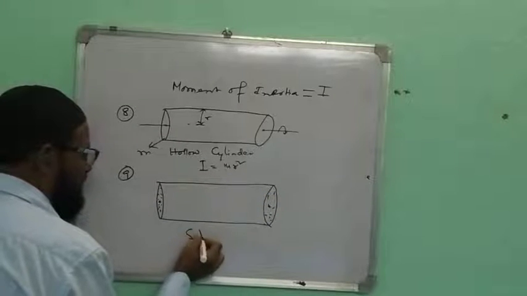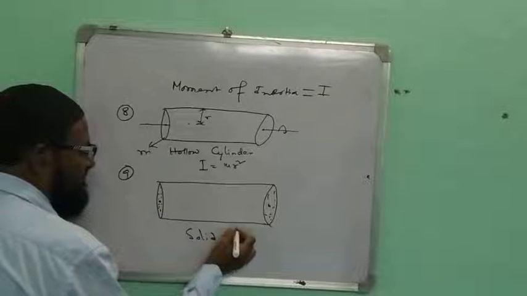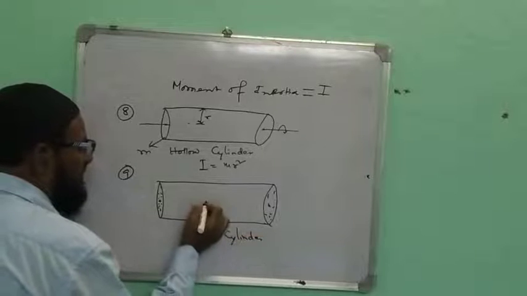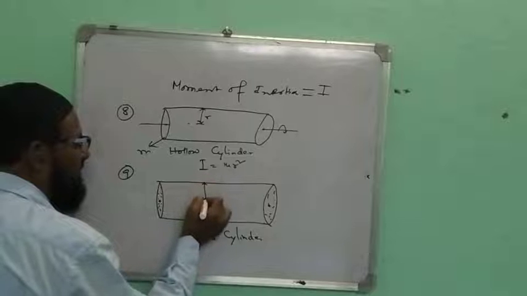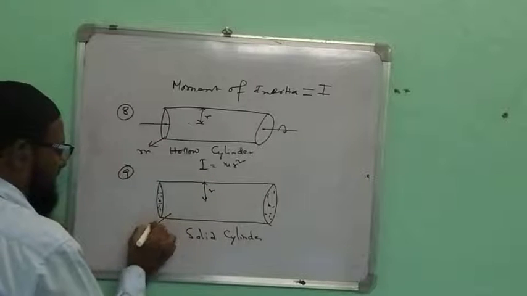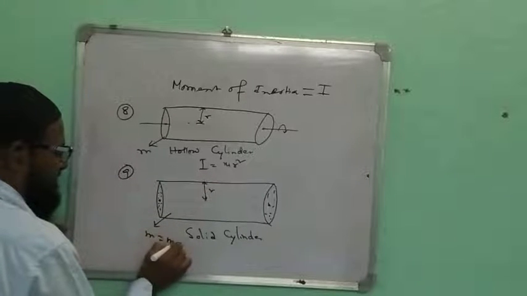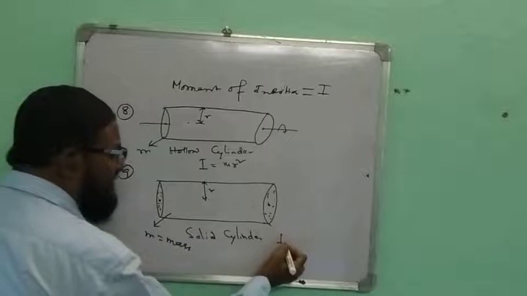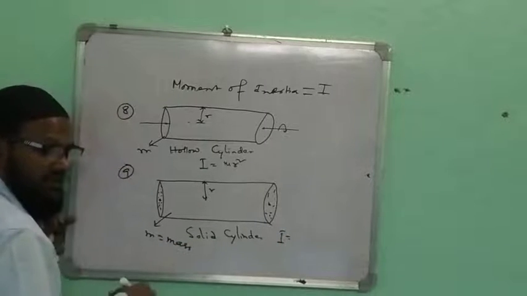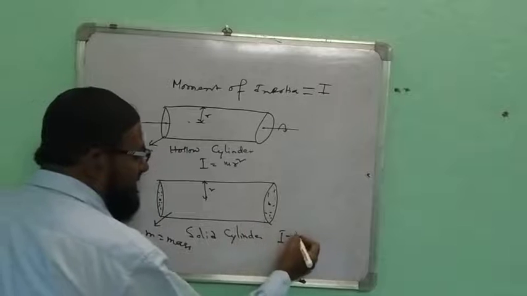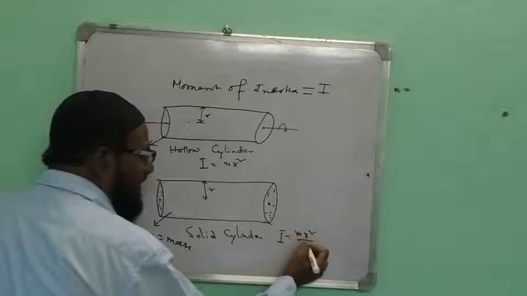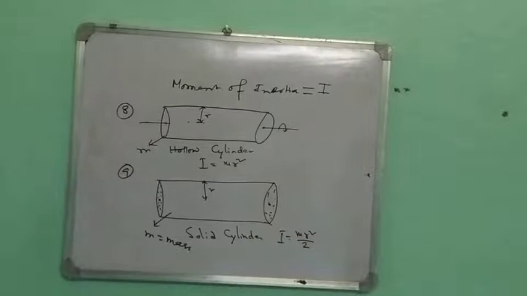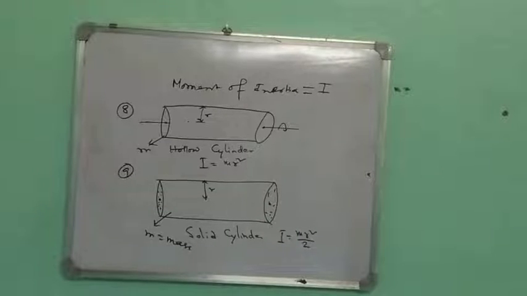This is a solid cylinder. From here to here, this is R, and the mass is M. What is I? It acts as a circular disc. What is the formula? M R square by 2. This is figure number 9.